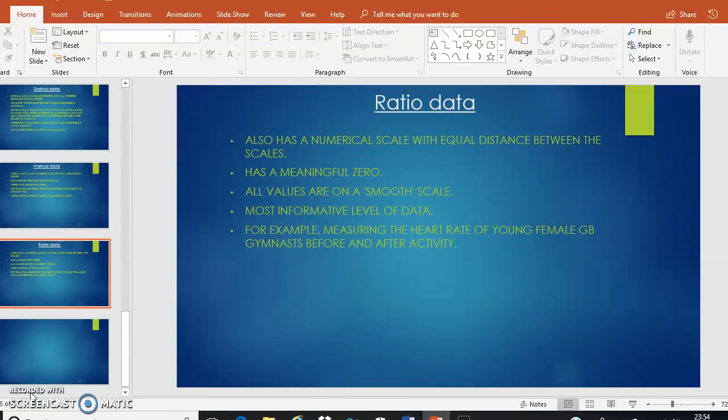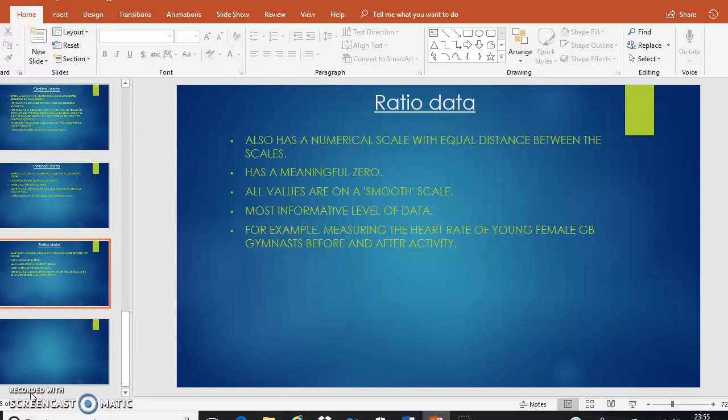Lastly, there's ratio data. So this also has a numerical scale with equal distance between the scales. So it has a meaningful zero, meaning that all values are positive in this instance. All values are on a smooth scale.